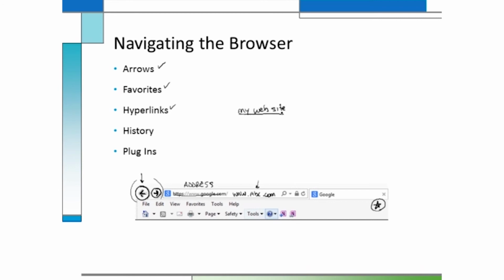Now, something I want to tell you: at the bottom of your web browser, depending on the web browser you use, if you leave your mouse over the link, you might actually see the URL of where that link is going to take you. And that's also, to me, a safety indicator, because if I move my mouse over it and I see what it's actually going to take me to, it lets me know if it's something I can verify. A lot of times in our email, you might see a hyperlink that says, your bank.